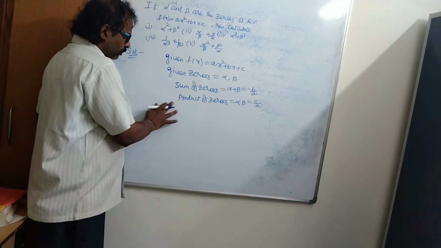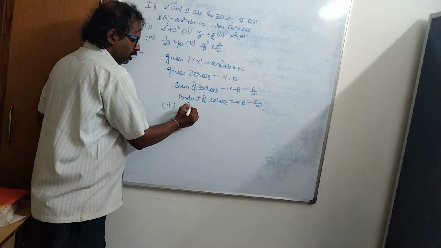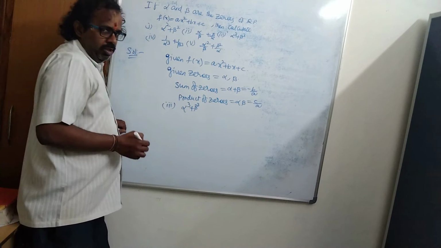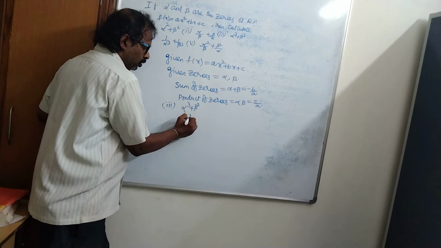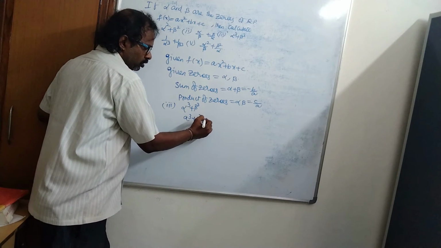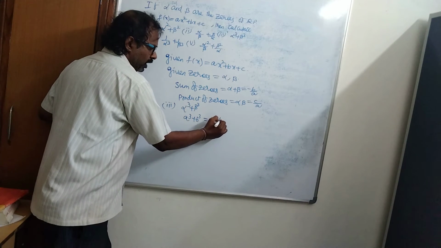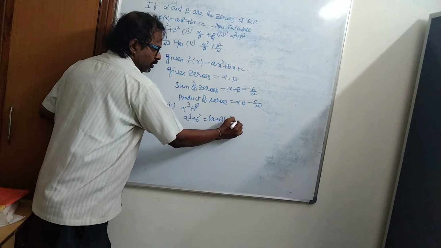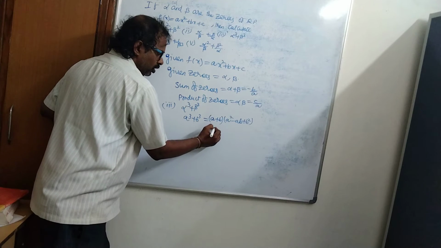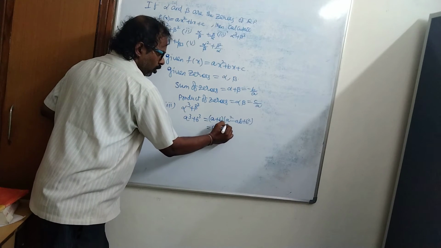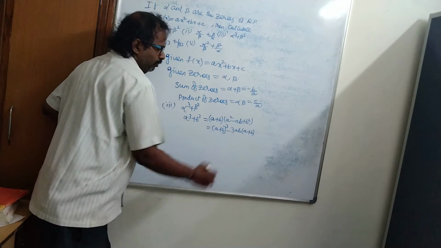Now alpha cube plus beta cube is... Here we have to apply an algebraic formula, that is a cube plus b cube. For a cube plus b cube, we have two formulae. One is (a plus b) into (a square minus ab plus b square), or (a plus b) whole cube minus 3ab into (a plus b).